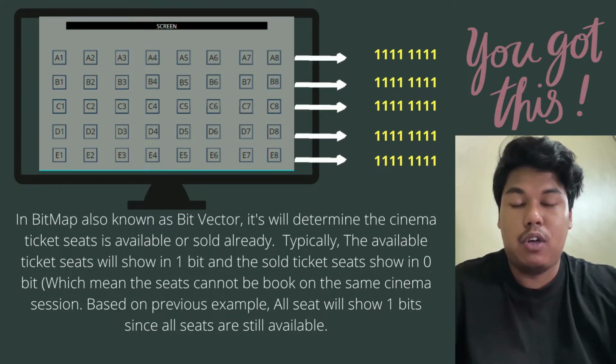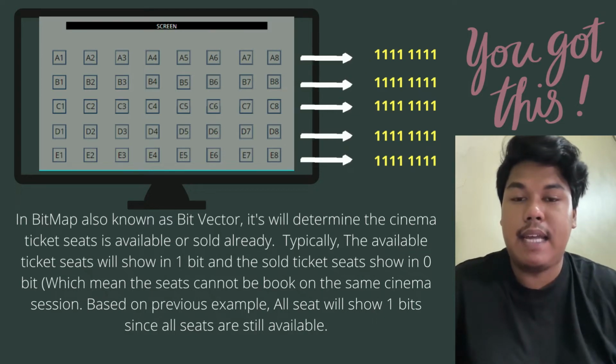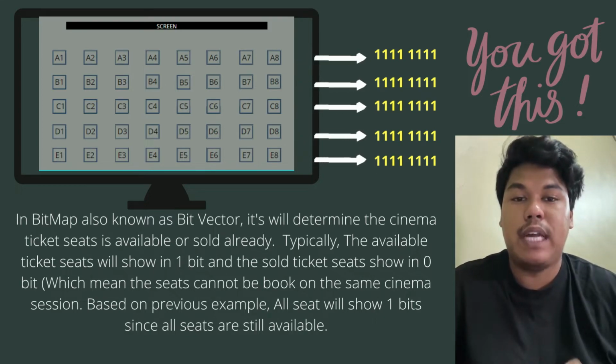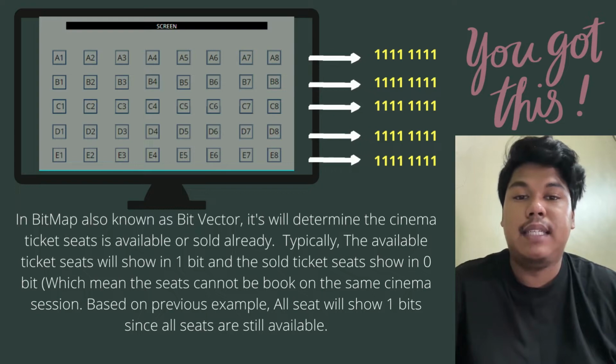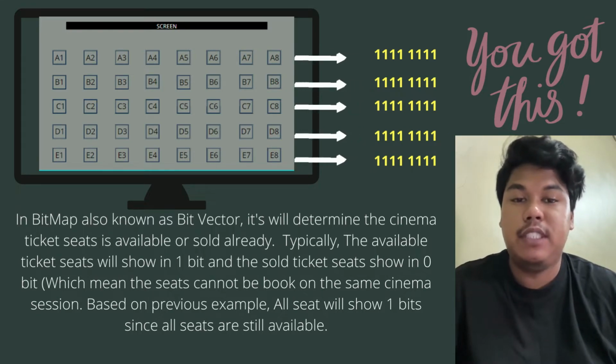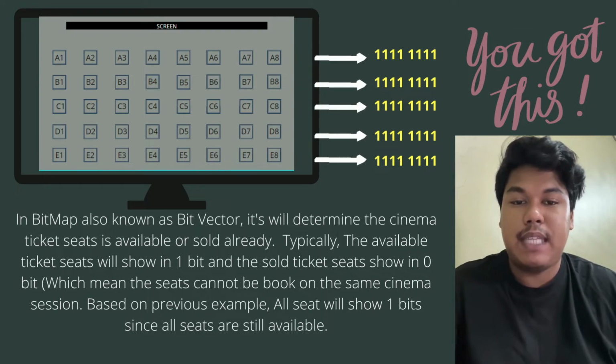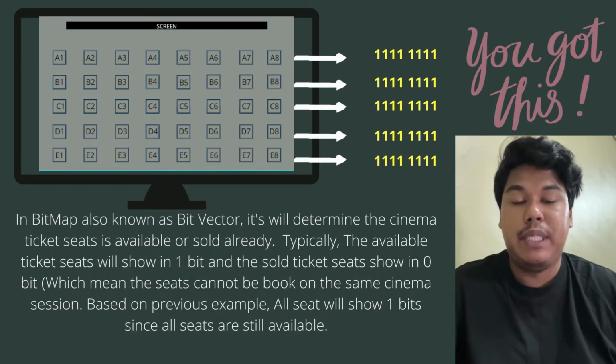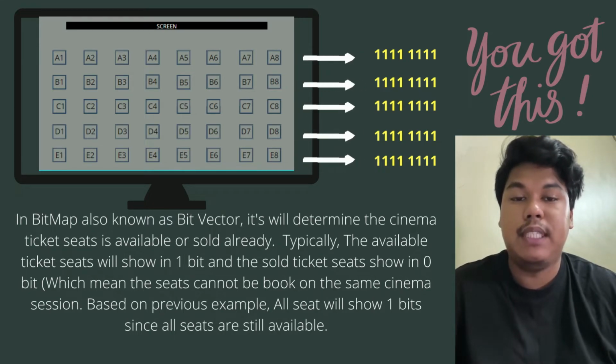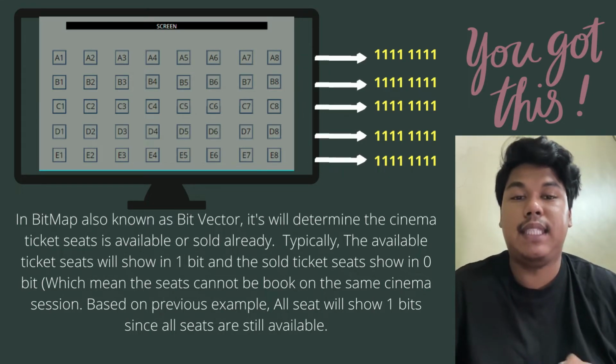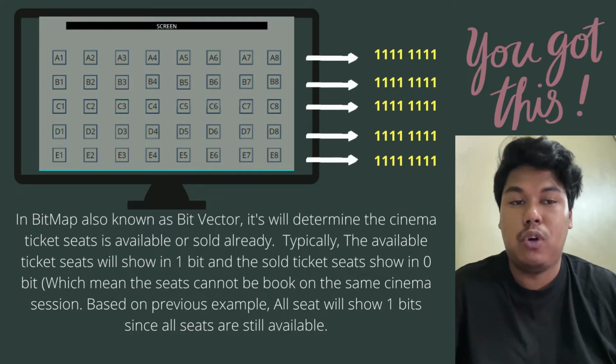Basically, available seats are shown as 1 bits and booked seats are shown as 0 bits. So in the previous example, all the bits are 1, which means all the seats in the hall are still available and no seats have been booked.